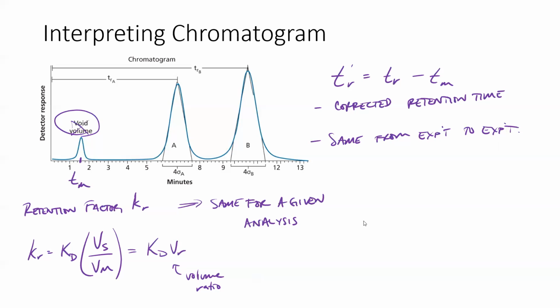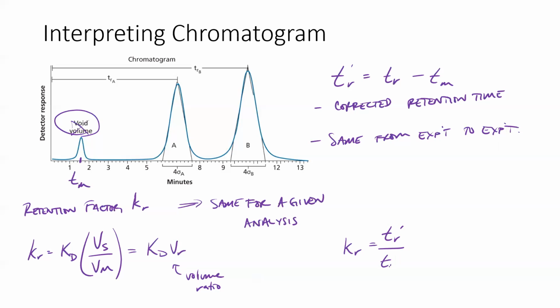To do that approximation, Kr is equal to the amount of time that the analyte spent on the stationary phase, so that's our retention time minus our marker time, our corrected retention time, Tr prime, divided by the amount of time that just the mobile phase spent on the stationary phase, which is our marker time.